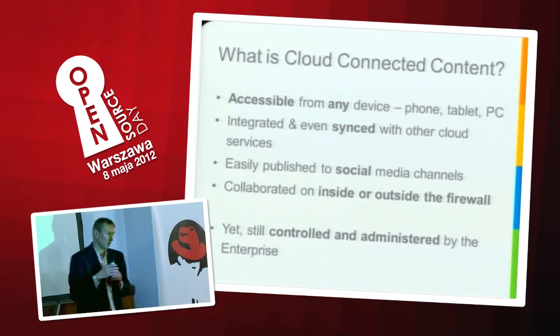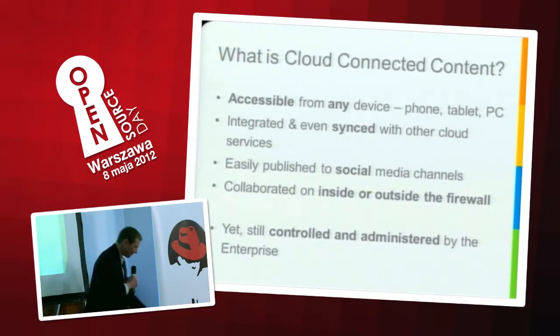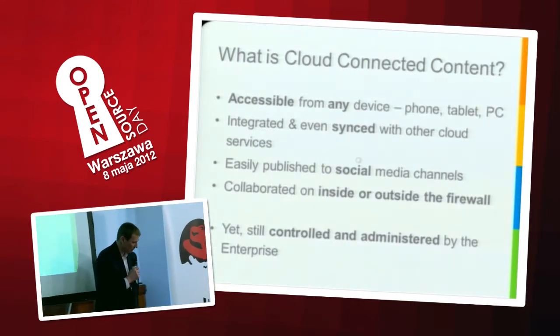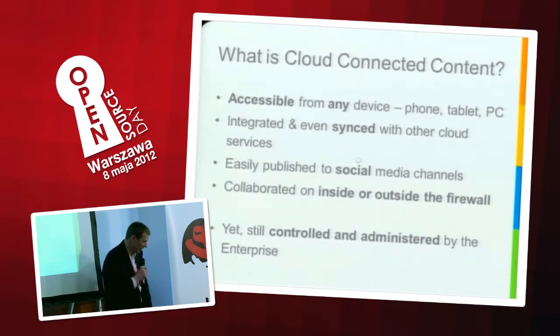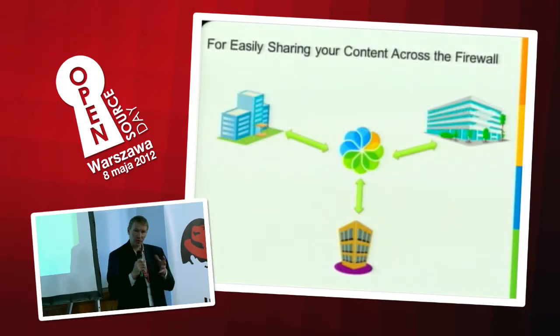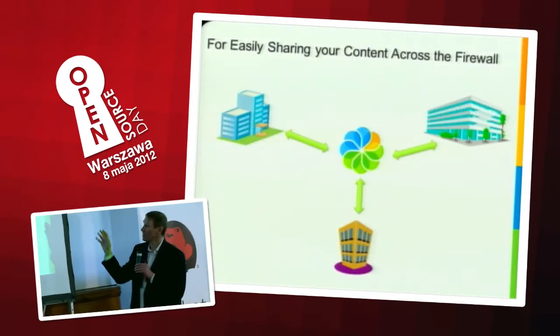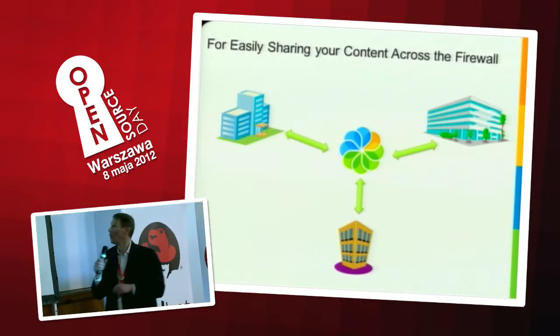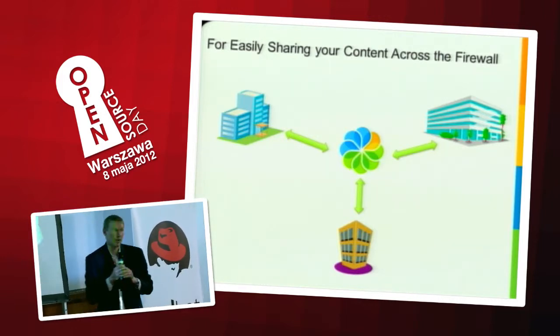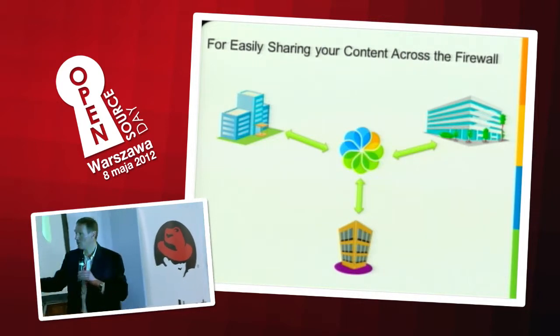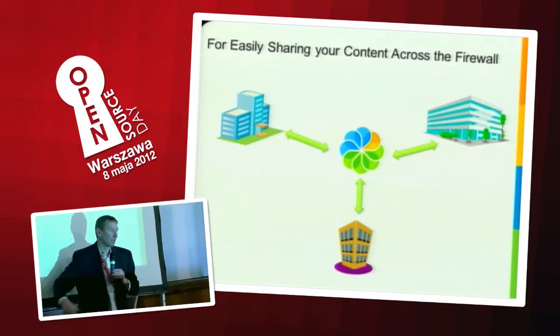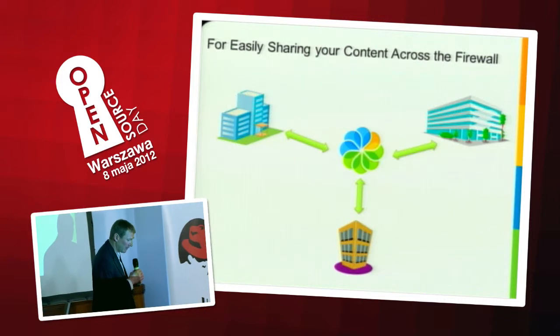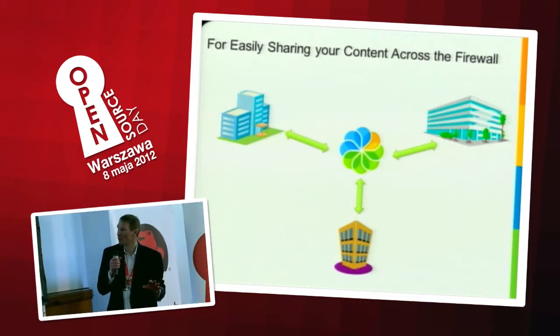That's the IT perspective. What we want to offer, and what we're offering today, is a way to easily share your content between different entities. Imagine you have a head office on one side, a large branch on the other side, and maybe a small branch, for example of an insurance company, sitting in a remote area.